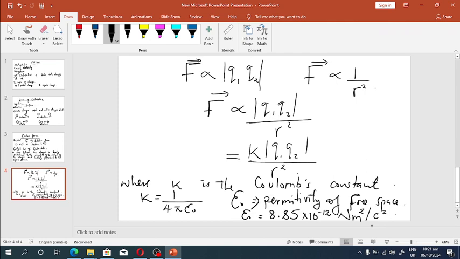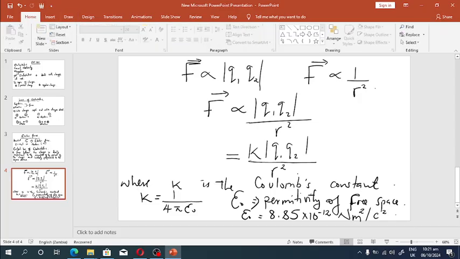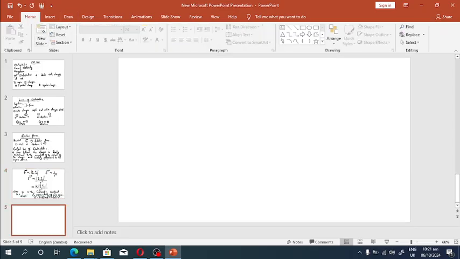And so when this value is replaced in this notation, K can be evaluated. The value for K that we'll be considering, after we have evaluated it, will simply be 8.99 times 10 to the power 9.